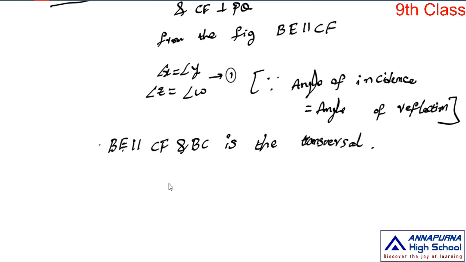So angle y and angle z are alternate interior angles and equal. Angle y is equal to angle z since alternate interior angles.